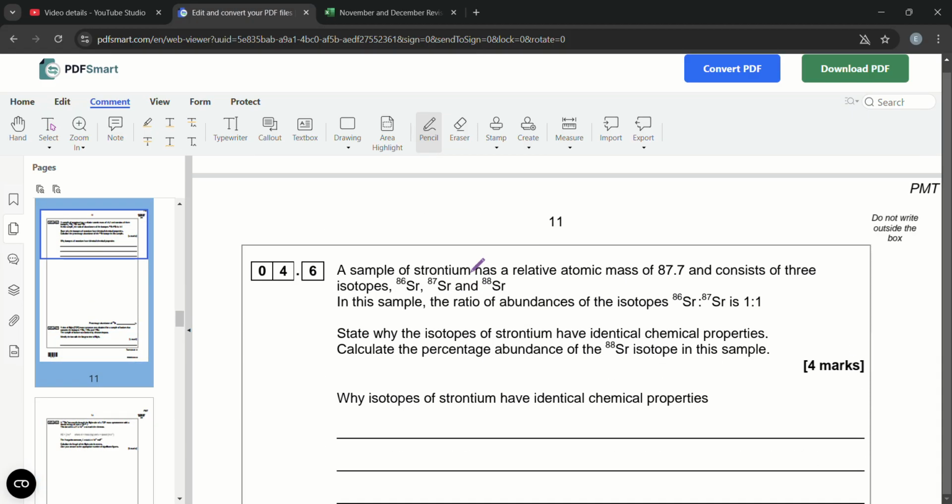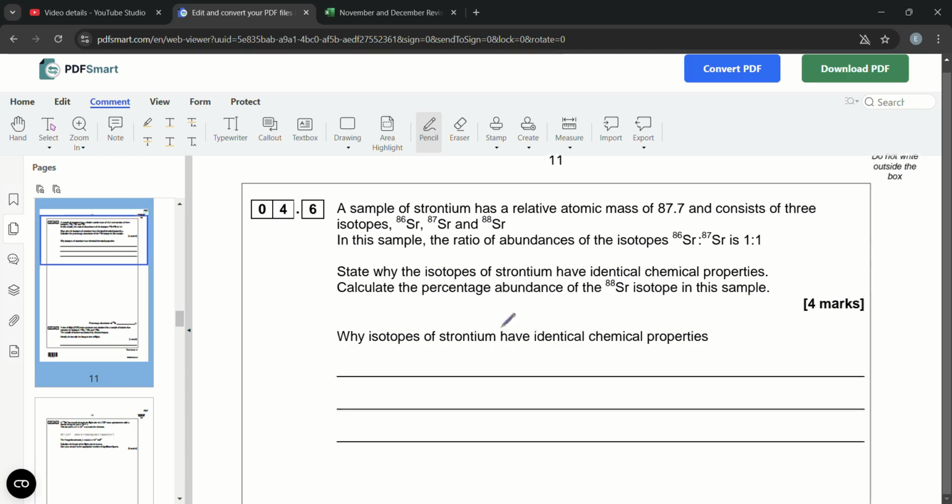Okay, so first things first. Why do they have identical chemical properties? It's going to be because of the same electronic configuration.